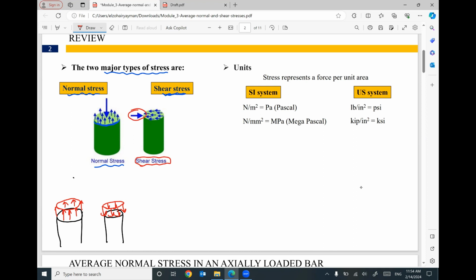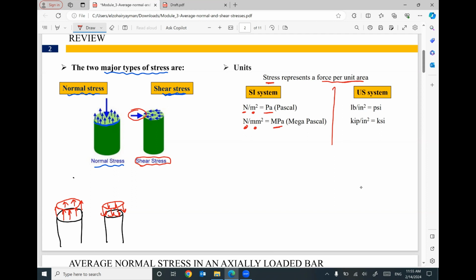The unit for this stress is represented by force per unit area. We have two systems. In the SI system, the force in Newton and the cross-section in meter squared, so it will be Newton per meter squared, which is called Pascal. Or the force in Newton and the cross-section area in millimeter squared, so it will be Newton per millimeter squared, which is called megapascal.